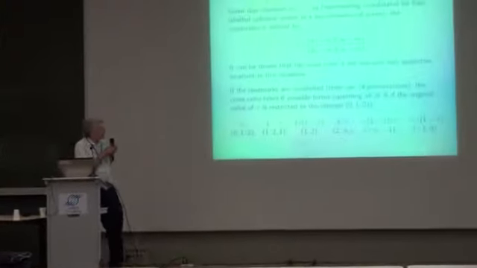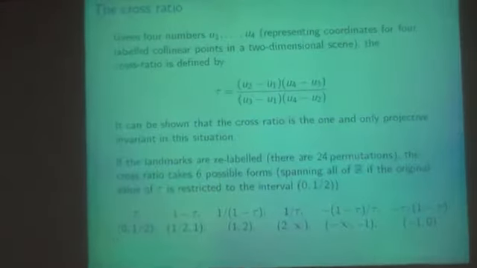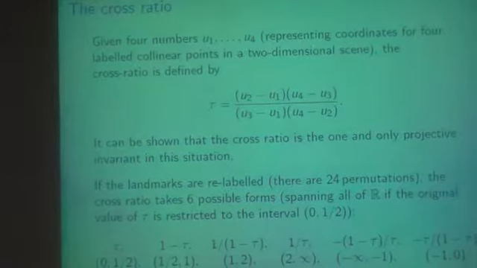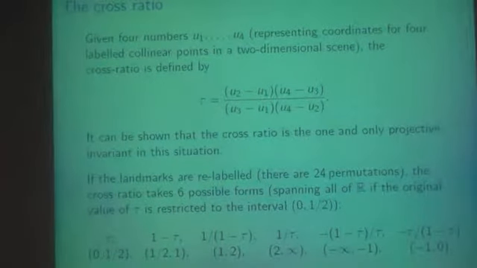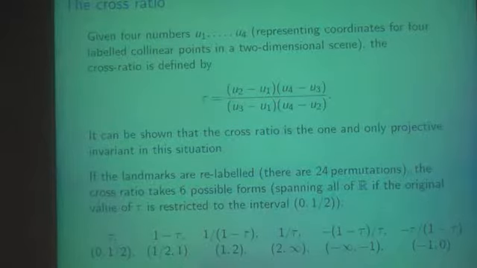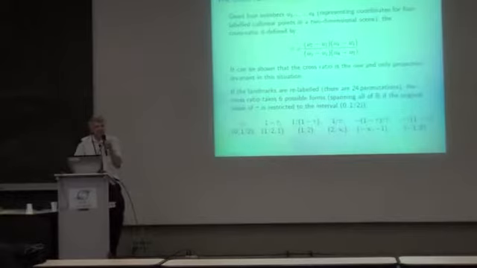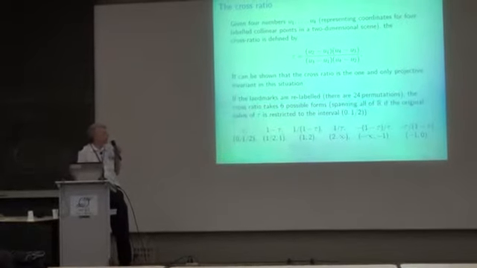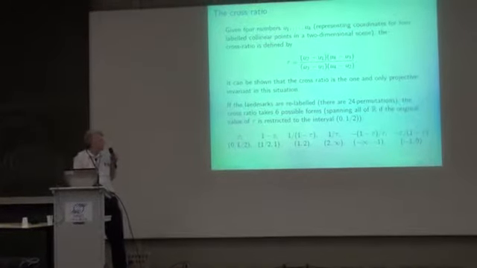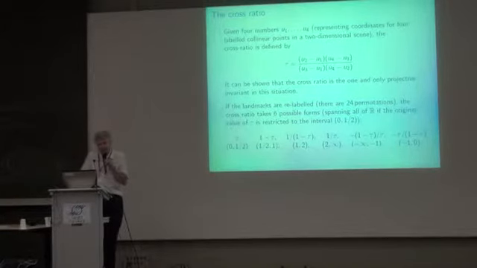So in the numerator, I've paired up u1 and u2, and I've paired up u3 and u4, and in the denominator, I've paired them up differently. I've got u3 and u1, and u2 and u4. So I've taken the ratio of these products of differences, that's the cross ratio, and that's the feature that's invariant to my particular choice of camera view. And it can be shown that that's the one and only projective invariant in this situation.